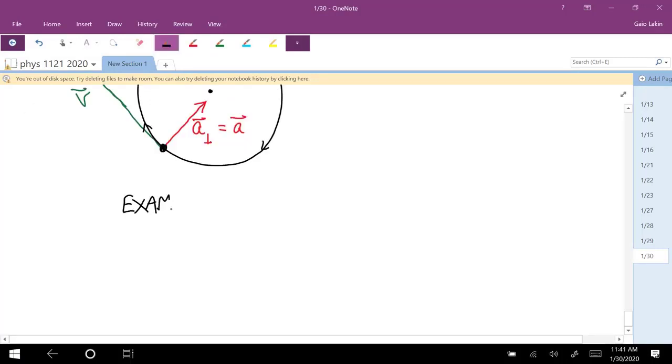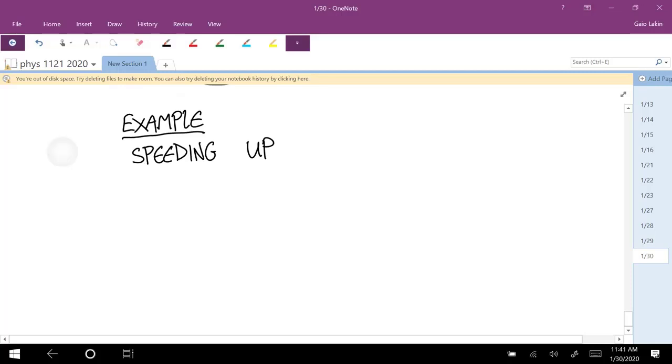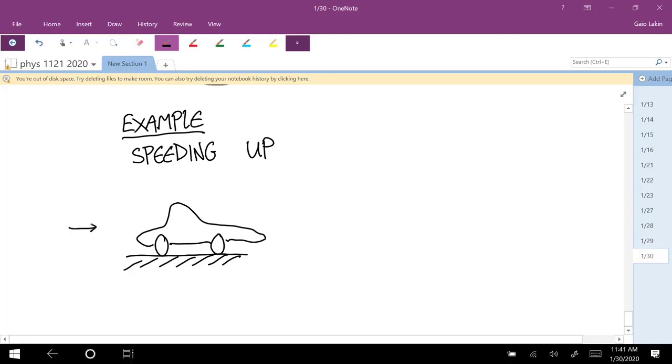Let's do the one we're missing so far, I guess. So let's say that this car is speeding up. And it's going this way.